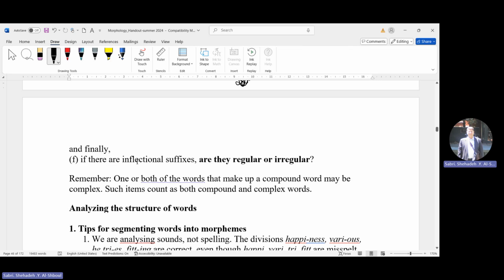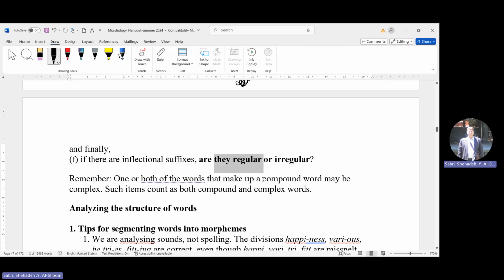If there are inflectional suffixes, I mean the suffixes that maintain the citation form or the entry for the word, with no change of the part of speech, but with the changing of the different levels of inflection, like tense, mood, gender, number, case, person, polarity items, voice, and so on and so forth. These are the inflectional. Are they regular or irregular?